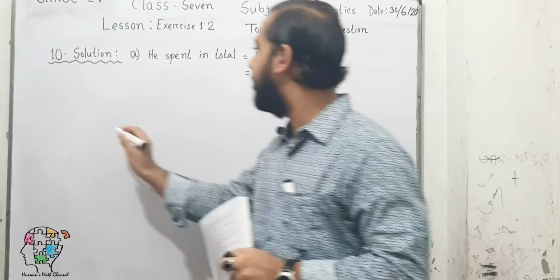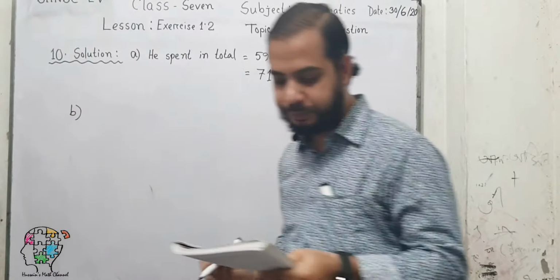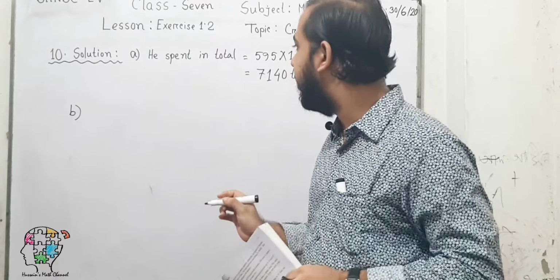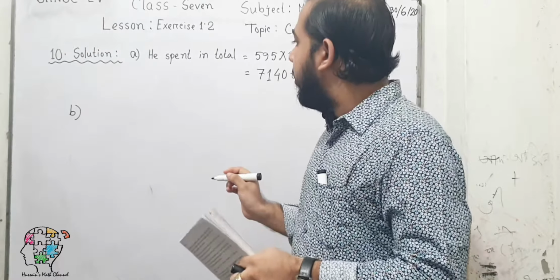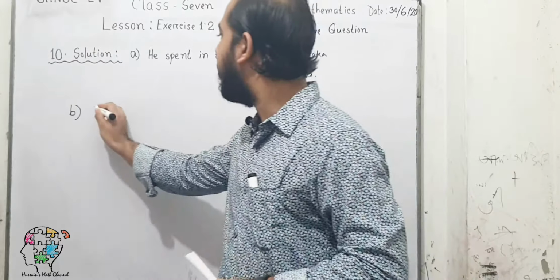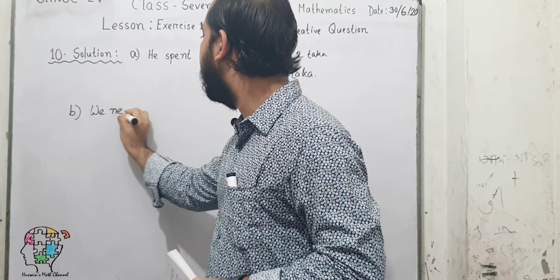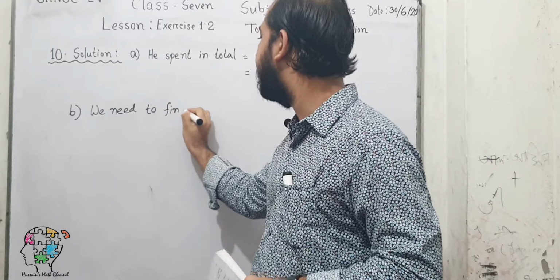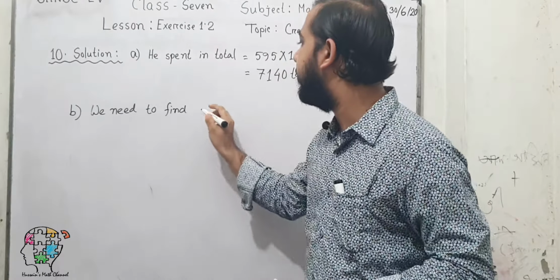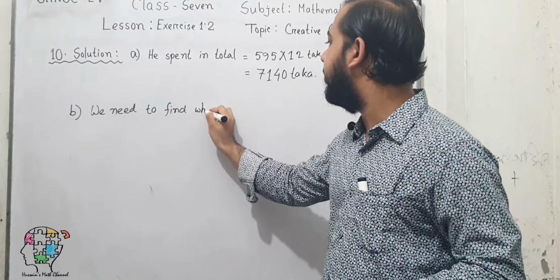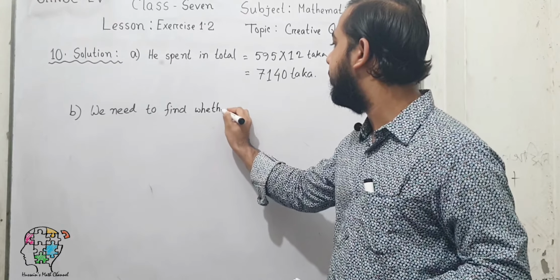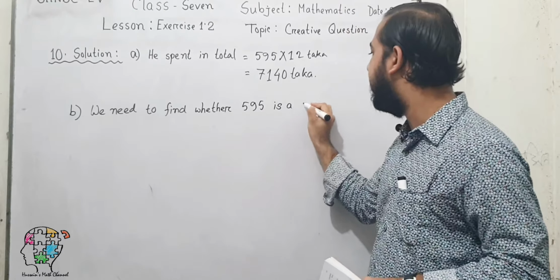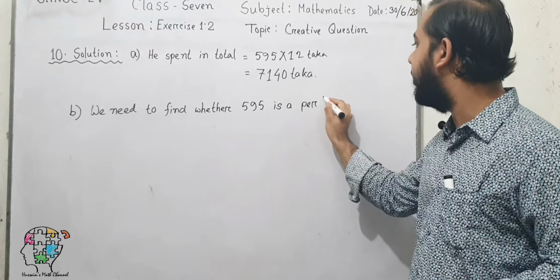So at first, we can write 595, we need to find whether 595 is a perfect square number.